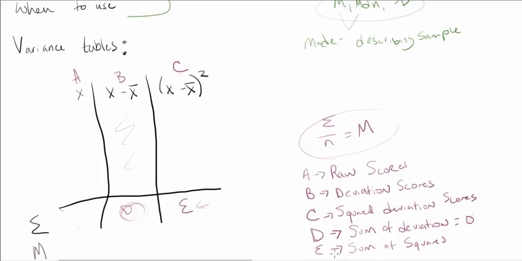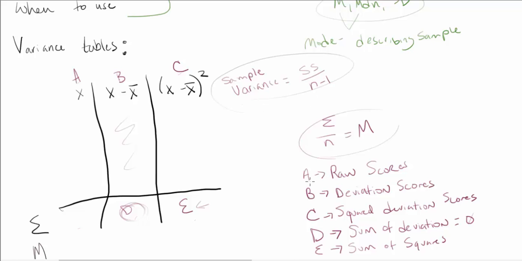Now this is really important because we use the sum of squares to start to calculate our variance. So variance, I'm not going to use the symbols, I'm just going to write out variance equals sum of squares over n minus 1. To be more specific, this is our sample variance. So sample variance, sum of squares over n minus 1.